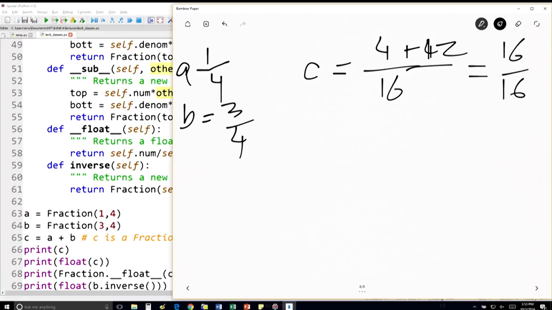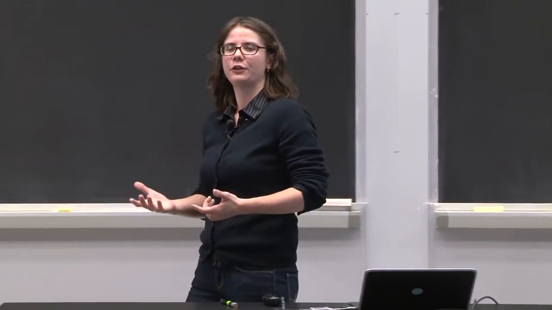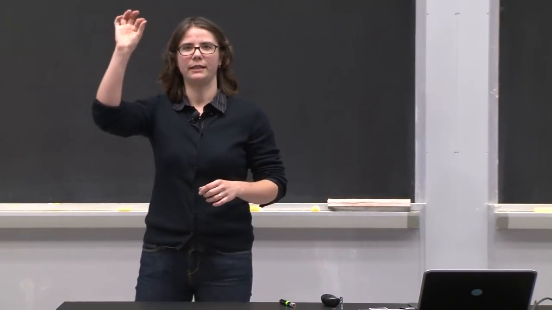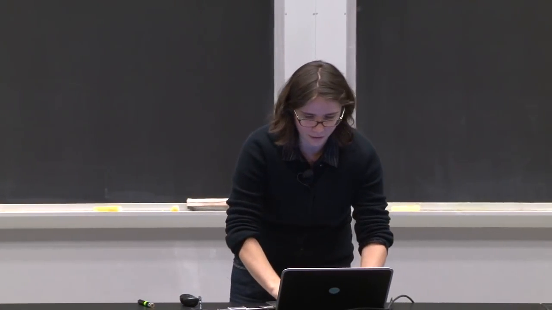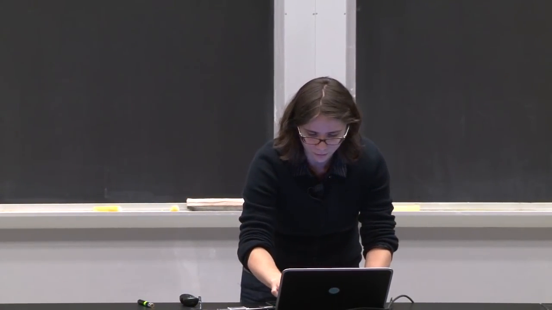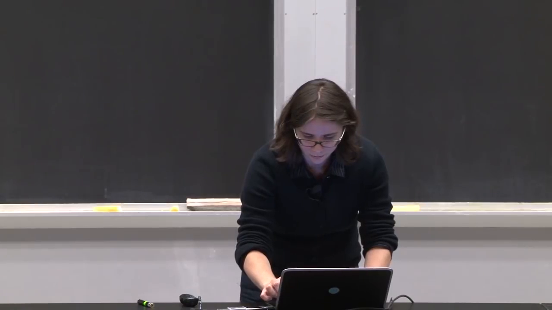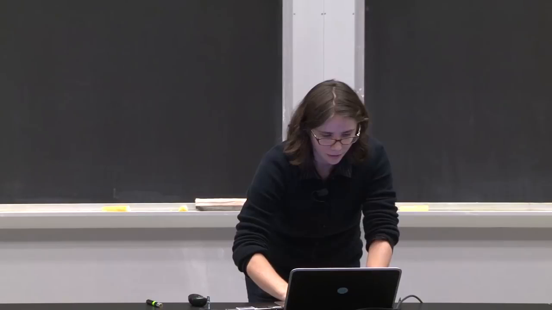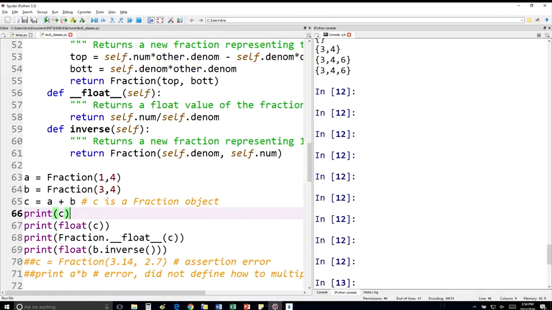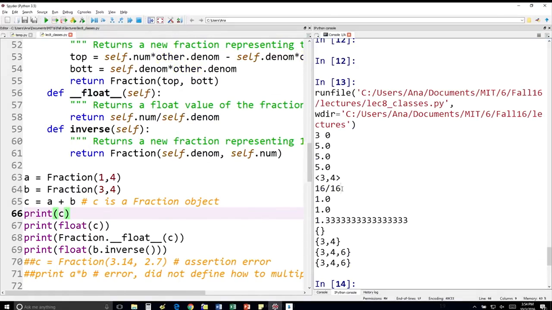And 16 over 16. So C as a fraction object is going to be 16 for the numerator and 16 for the denominator, right? Because it's a fraction object. If I print C, it should print 16 over 16, so we can even run it. So it prints 16 over 16.